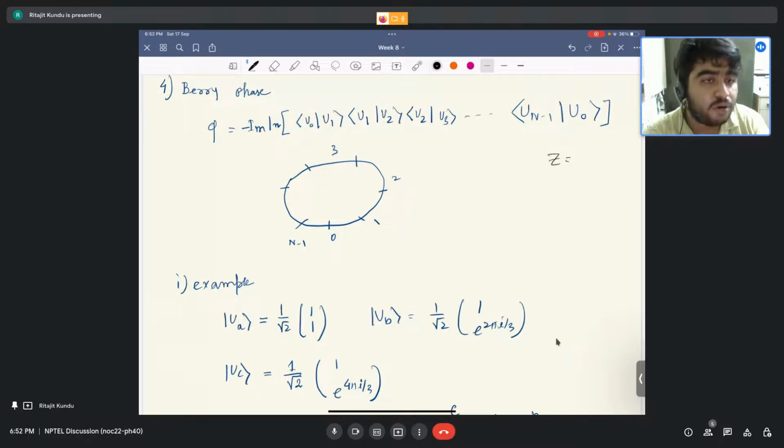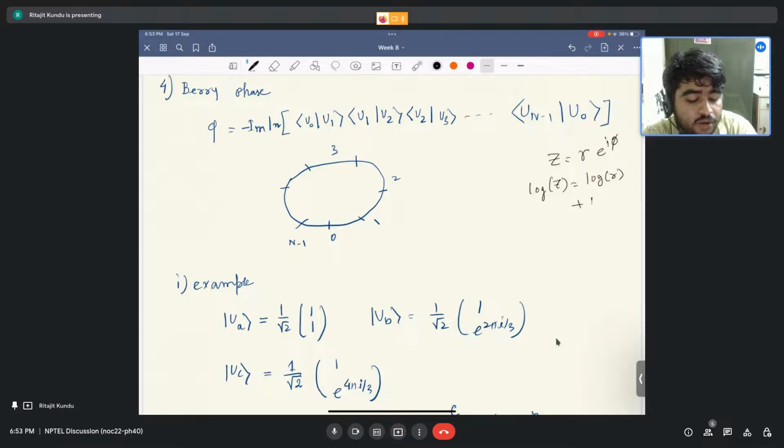A complex number we can also represent in terms of an amplitude and the argument phi, and I want to find the argument. So I will first take the log. It gives me two parts: log of r plus log of e to the power i phi.